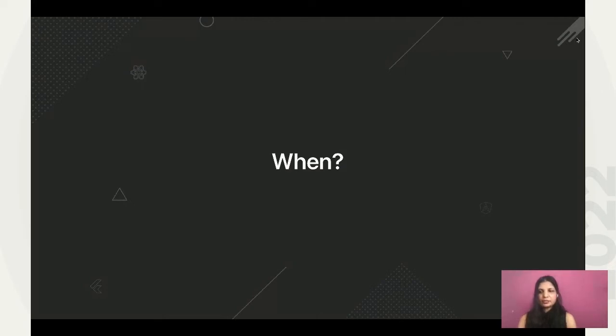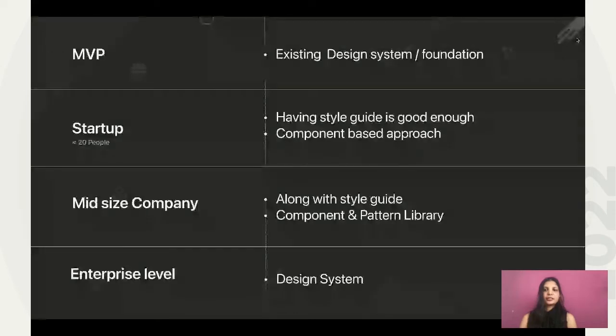But we also think, is it worth investing a lot of time to set up a full-fledged design system at the beginning, where our product is not yet out in the market? Generally we see these types of products.